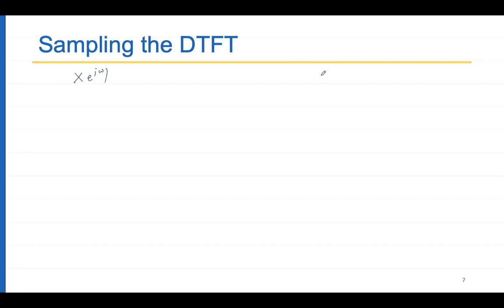Let's start from X(e^jω), which is a periodic thing which I want to sample. The relation, all of you know, is given by x[n] times e^(-jωn) summed over all n, and ω lies between 0 to 2π because it's a periodic transform.